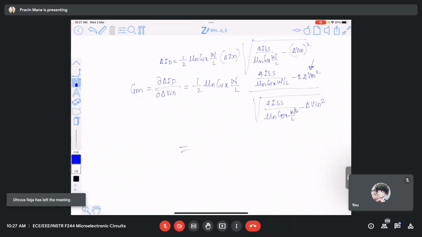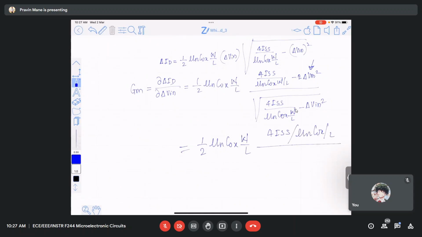No, maximum of capital Gm. We want gain to be more, right? So when delta V in is equal to 0, it is 1/2 mu n Cox W by L into the square root of 4 ISS upon mu n Cox W by L. So what will I be getting finally?